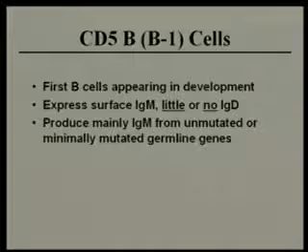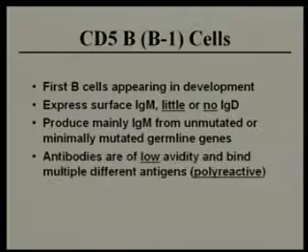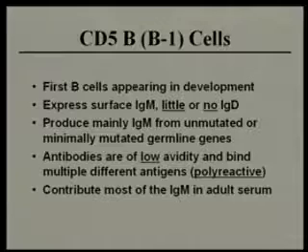So the diversity of the types of antibodies they produce is less. These antibodies have low avidity, and they can bind multiple different antigens, so they're polyreactive. So they're very different from the conventional B cells, and the antibodies they produce are also very different. And these contribute most to the IgM in the adult serum.